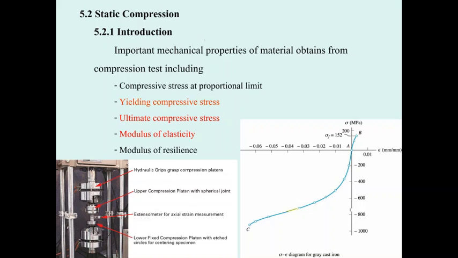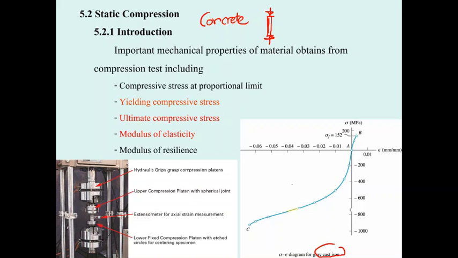We have the concrete for sure, that's usually used to support the compression, such as in the column. We also have the cast iron that's used to support the compression.